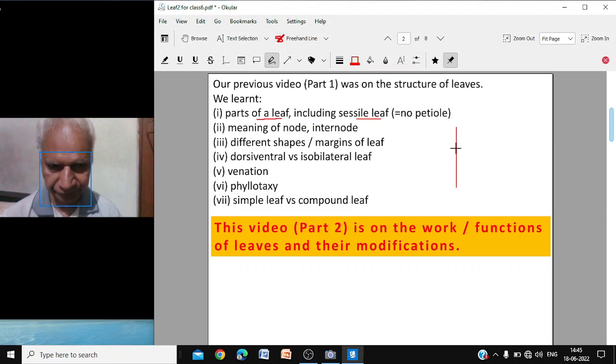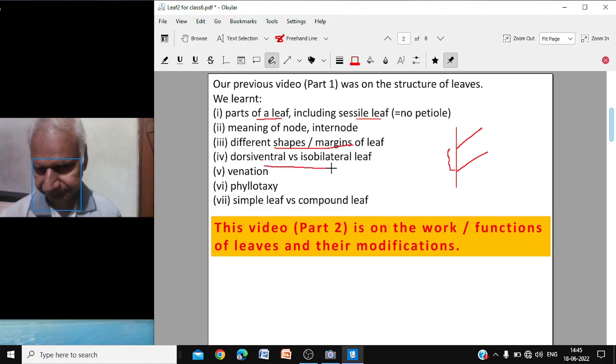The point from which the leaf arises is node, and the part of the stem between two nodes, internode. Different shapes and margins. Dorsiventral and isobilateral. If the upper surface and the lower surface of the leaf are similar, it's isobilateral. Otherwise, it's dorsiventral.